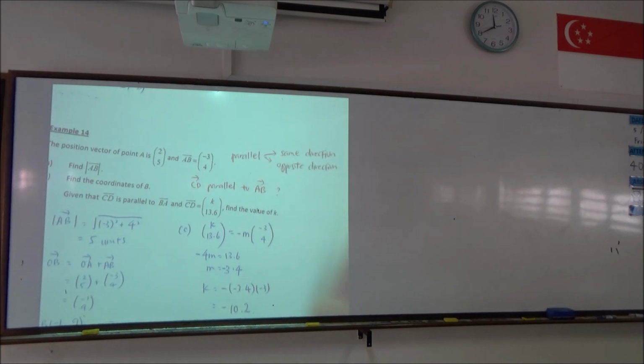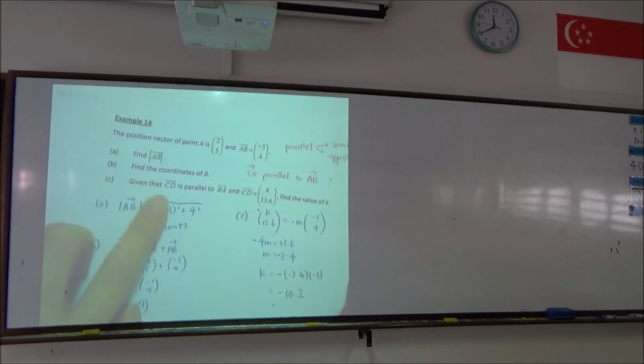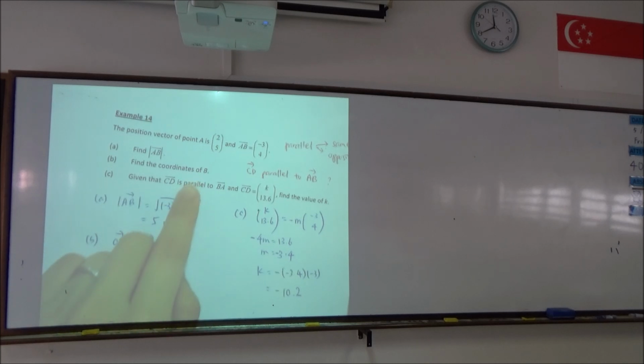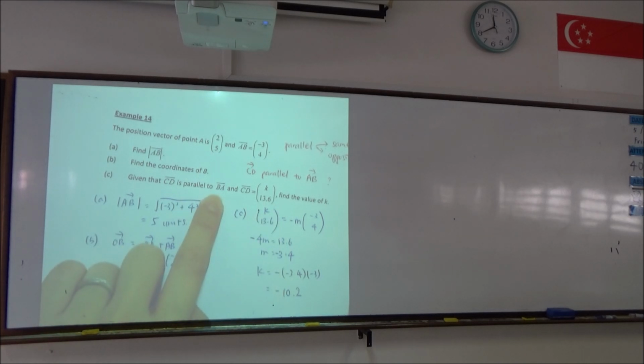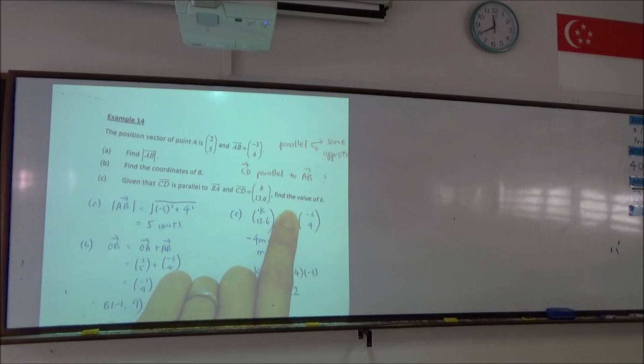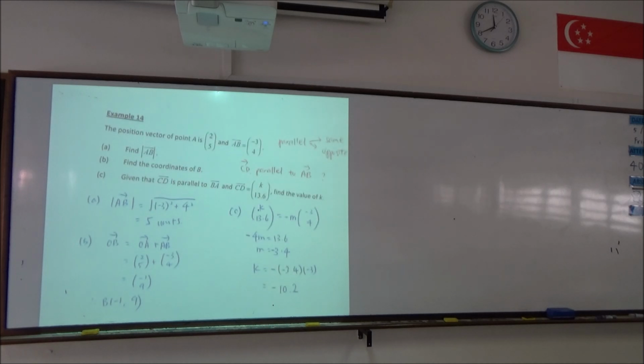Unless the question says that CD equals BA, or CD is a scalar multiple of BA. If CD equals BA, then you must take care of the direction. CD cannot equal AB, because when two vectors are equal, the direction must be the same and the magnitude must be the same.